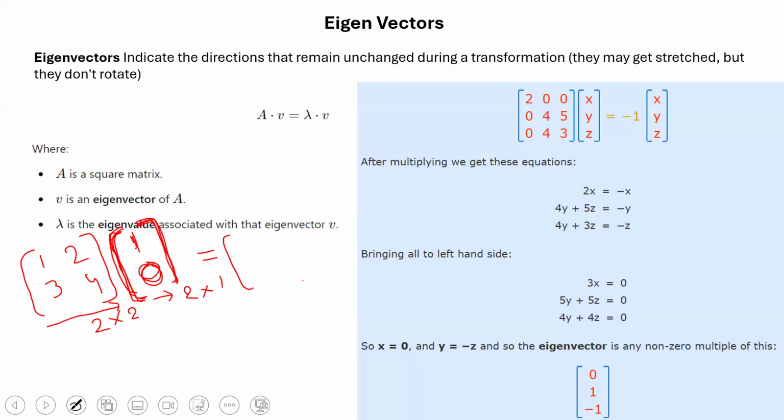The resultant matrix will be 2 by 1. So 1 into 1 plus 2 into 0 is 1, and 3 into 1 plus 4 into 0 is 3. So the matrix got transformed into a vector in this direction. That is what transformation is.